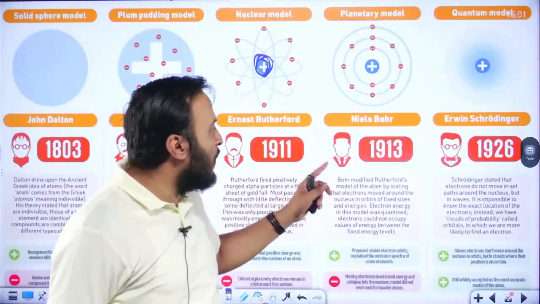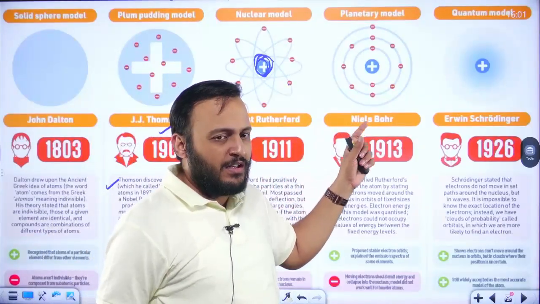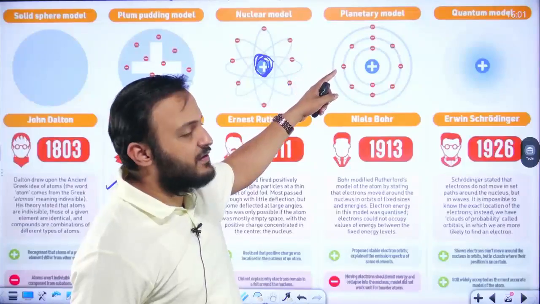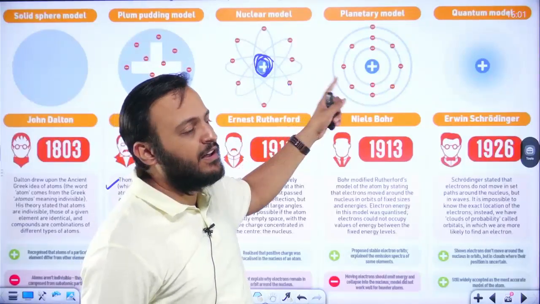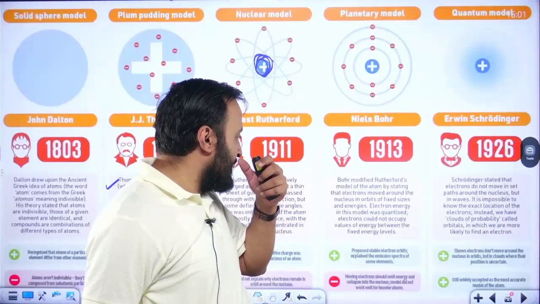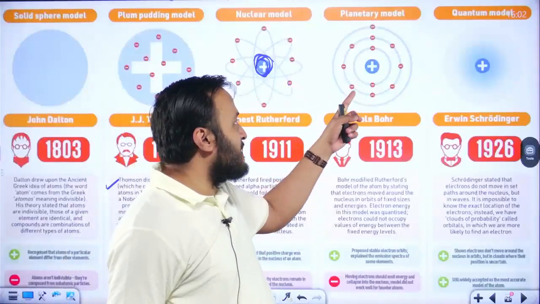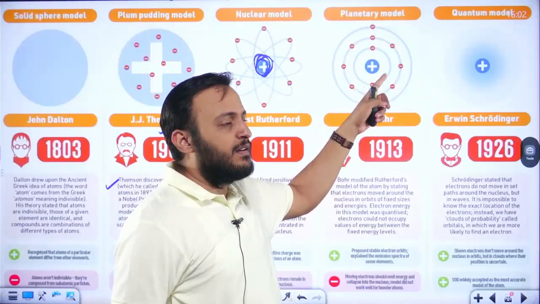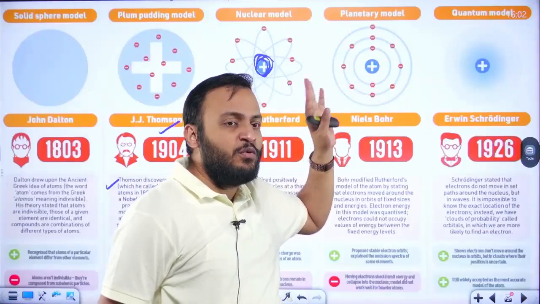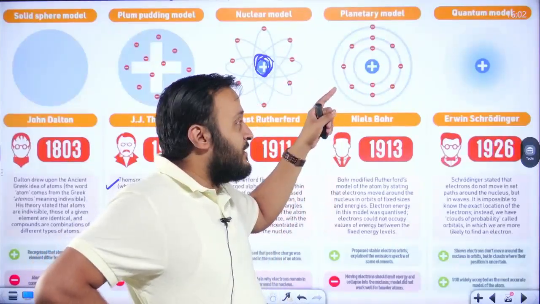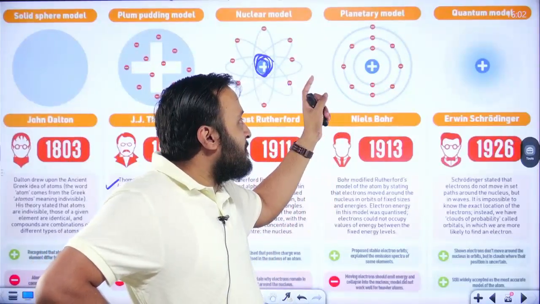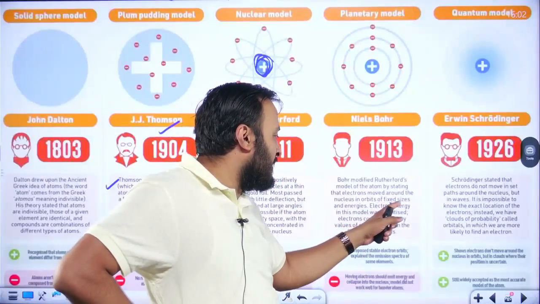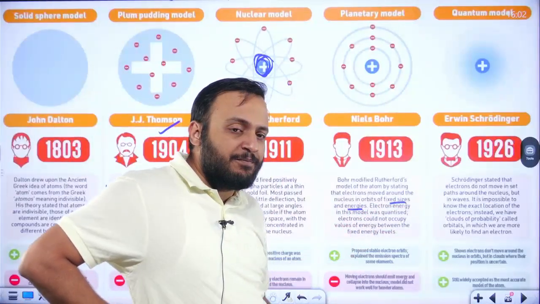Here the same model was rearranged by Niels Bohr. Bohr's atomic model gave the concept of the energy orbits, or the planetary model. It said that the electrons move around the positively charged nucleus like planets, which means they move in a fixed orbit of fixed energy.